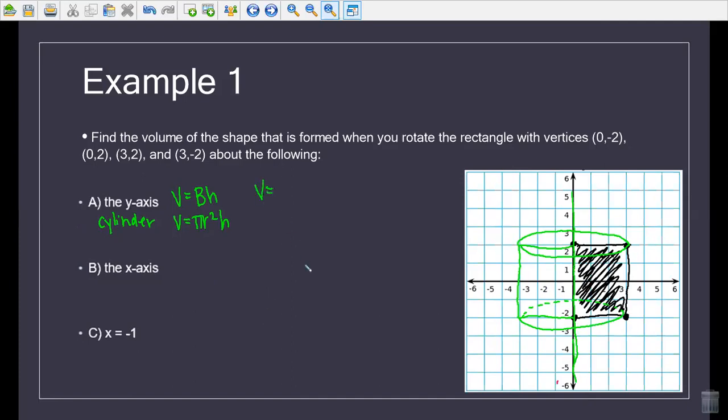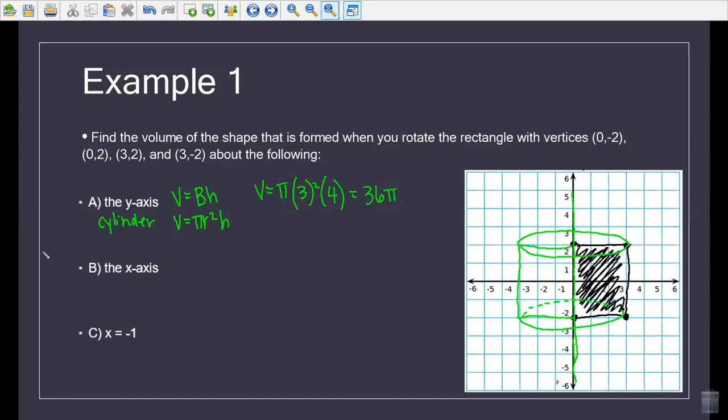All right, so for this one, I'm going to have pi times the radius of the cylinder, which is going to be the top part of my rectangle here, so 3 squared times the height, which is going to be the height of my rectangle, which is 4. All right, 3 squared is 9. 9 times 4 is 36. So we get 36 pi, and we'll just leave it in terms of pi so that we have an exact answer and we don't round it. All right, that was it for that one.